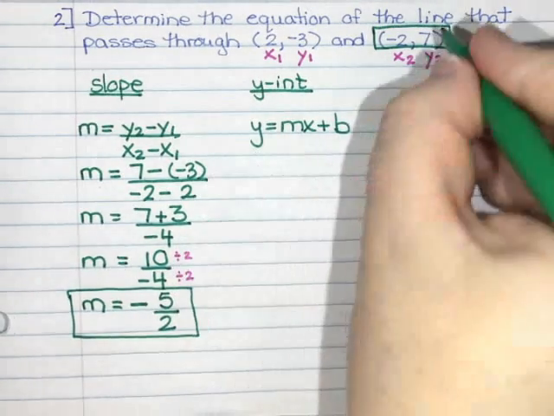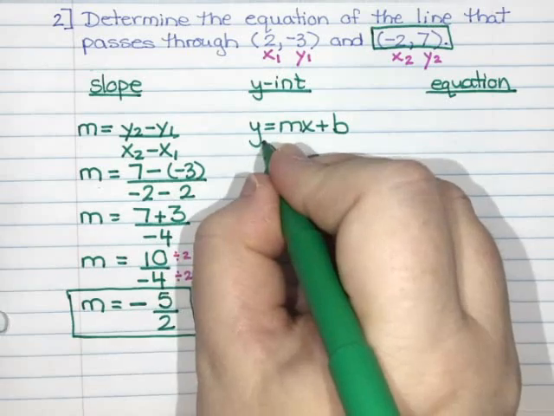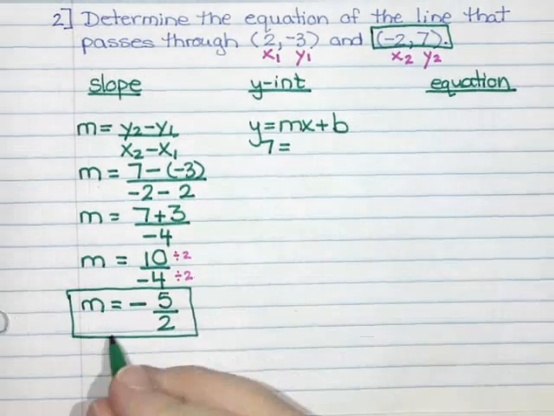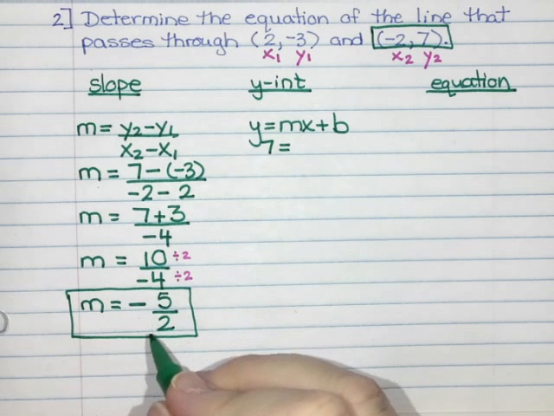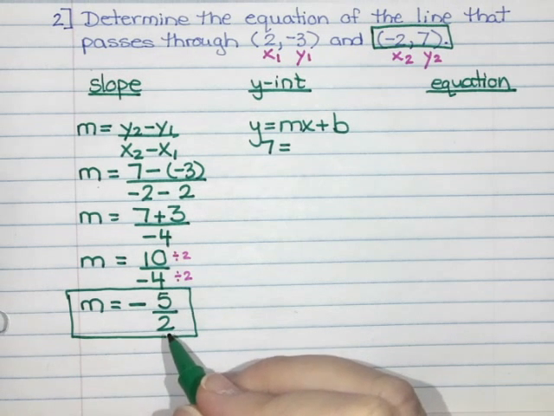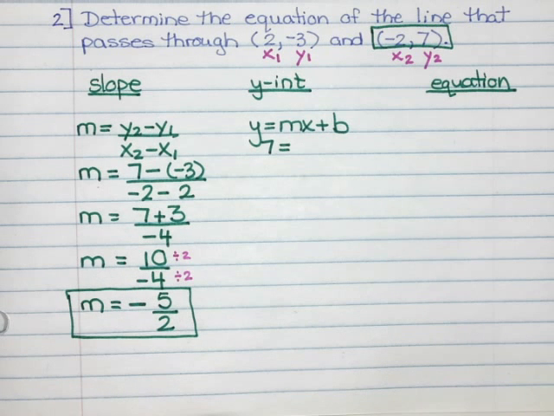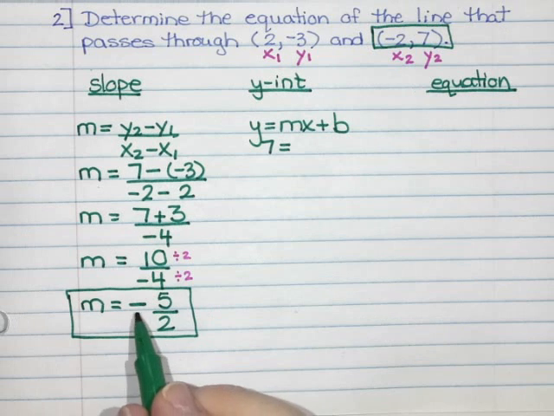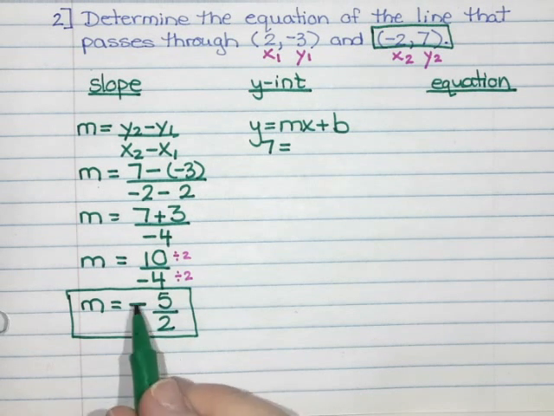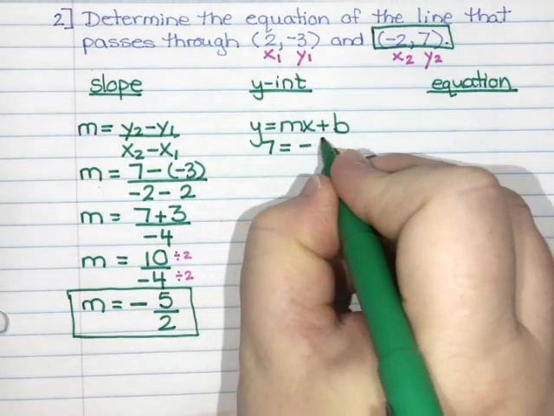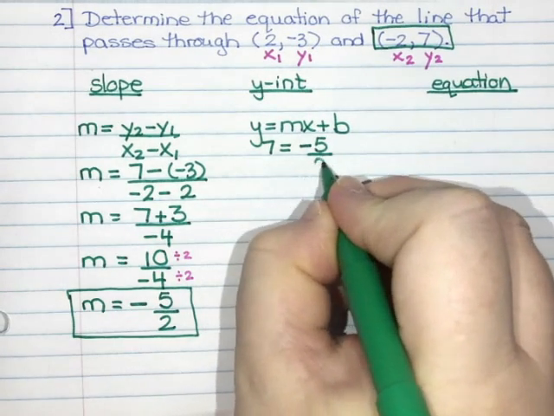So y is 7, equals m, -5/2. Now, I could have left the negative in the denominator, but we don't usually do that. We usually write it as either a positive or we write the whole thing as a negative. But when I put it into the formula, I either need to assign that negative to the numerator or to the denominator. I kind of want to put it with the numerator, but you could leave it with the denominator if you need to.